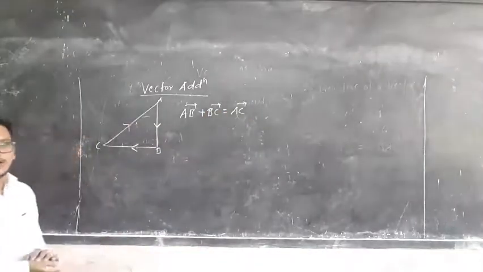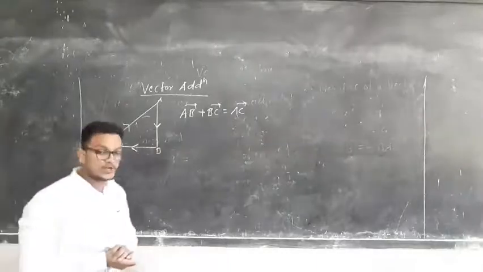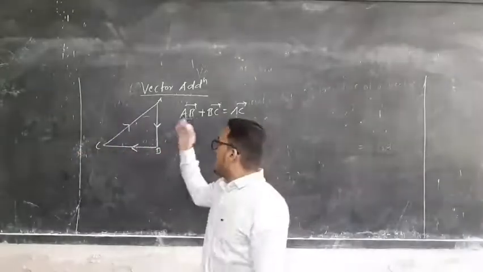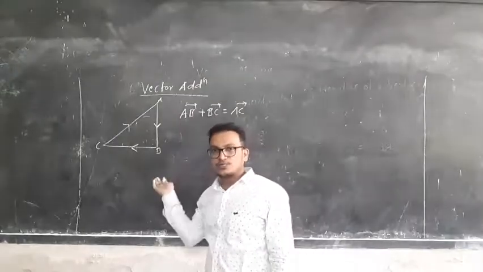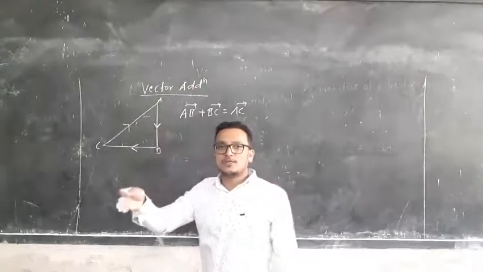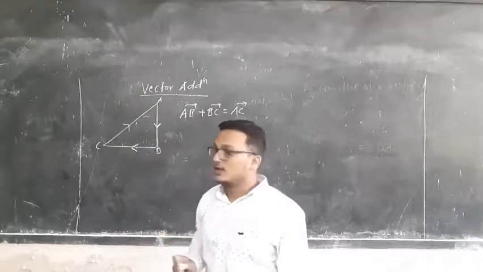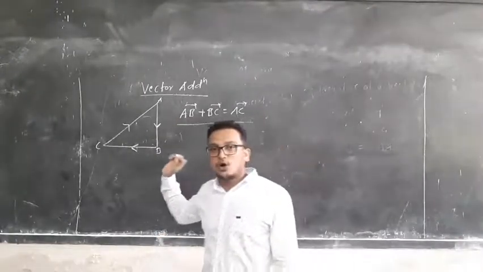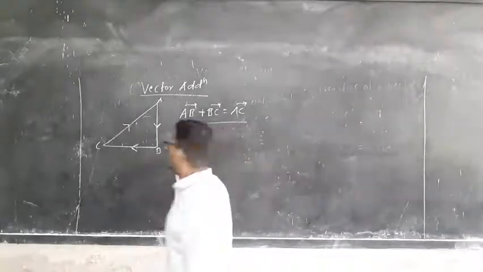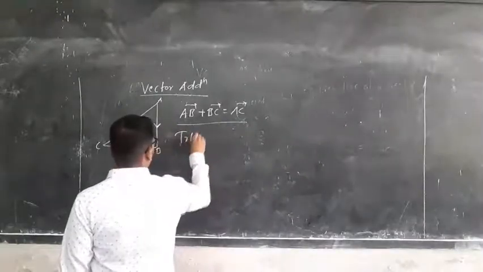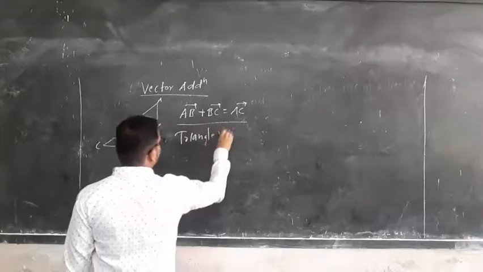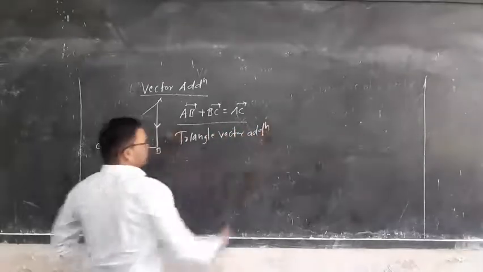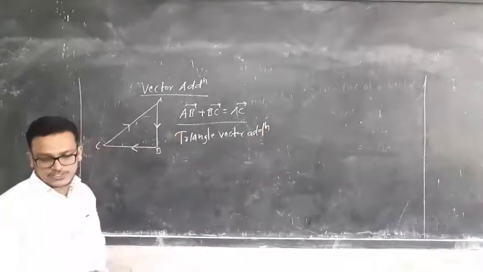So how to write the vector addition? The 2 sides which are in the same direction will be added and that equals the other side which is in the opposite direction, and this addition is called the triangle law of vector addition.